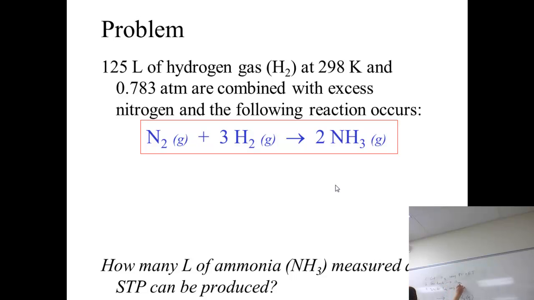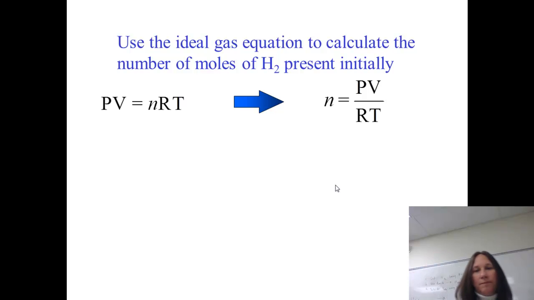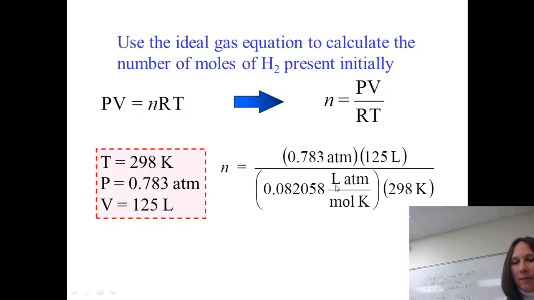Remember on part 1, we said that for every 1 mole of gas at standard temperature and pressure, which is what this is, it is going to occupy a volume of 22.414 liters. You can use that as a conversion factor to knock this out.